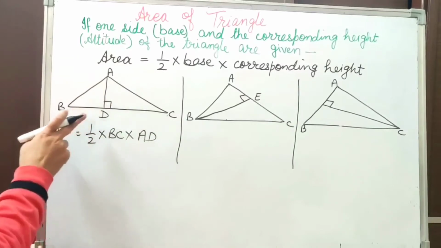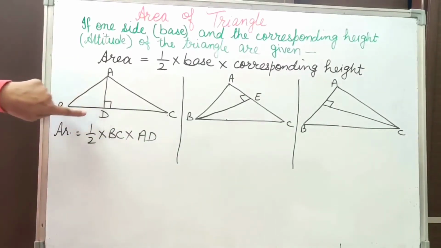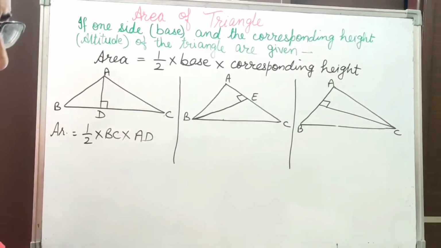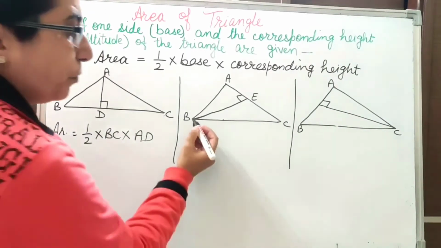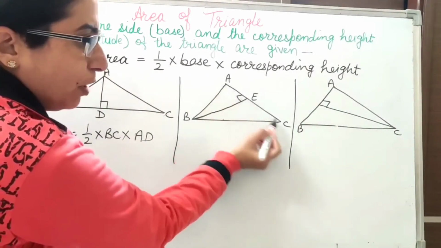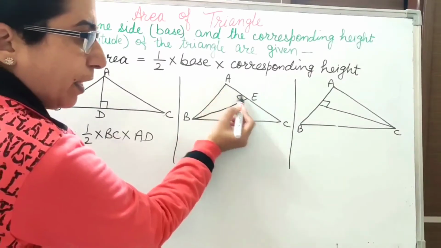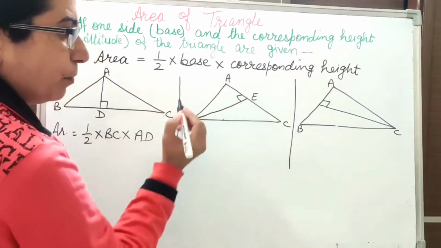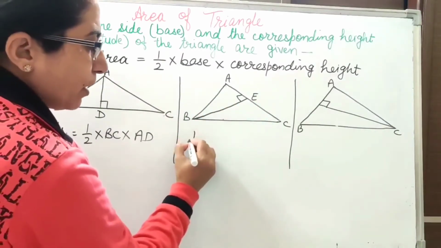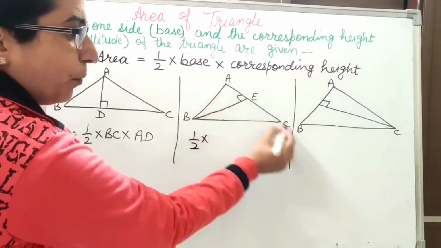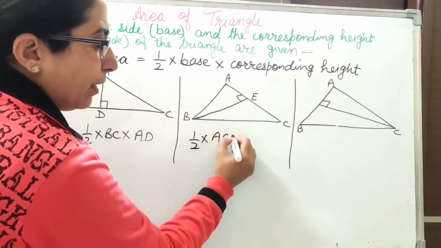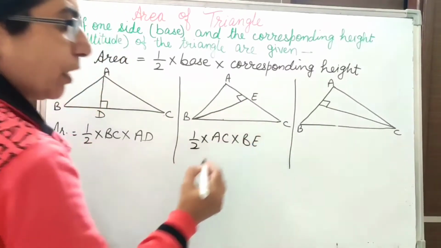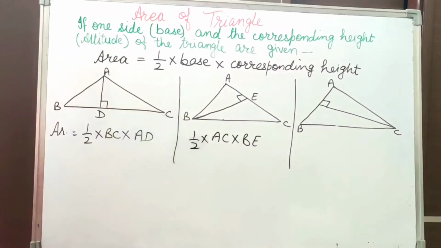The altitude always makes a 90-degree angle on the base. In this case the height is BE and this BE stands on AC. That is why AC is the base and the corresponding height is BE, so the area is 1 upon 2, base AC and its corresponding height BE. The corresponding height starts from the opposite vertex.